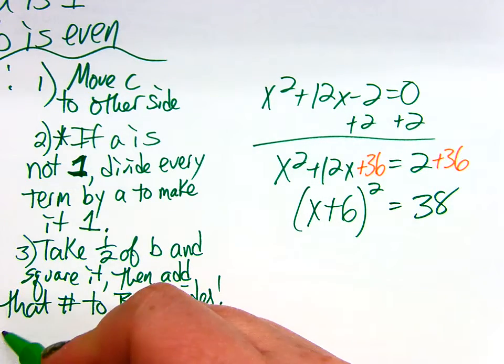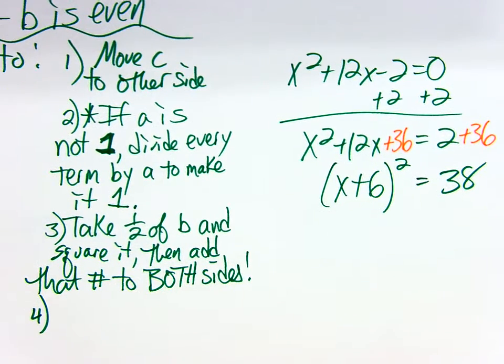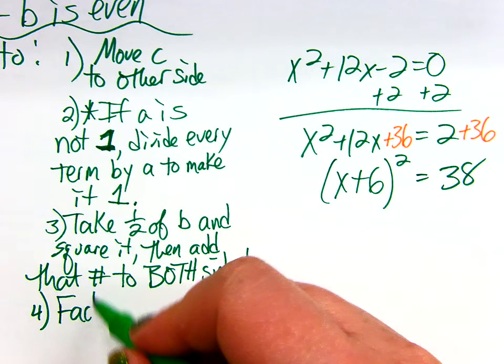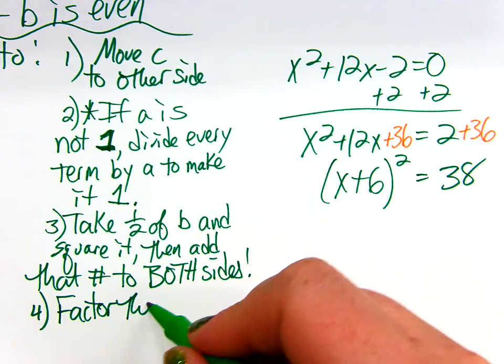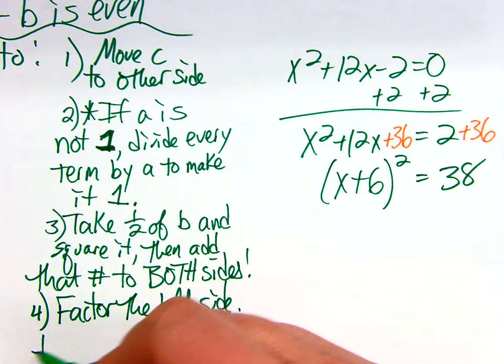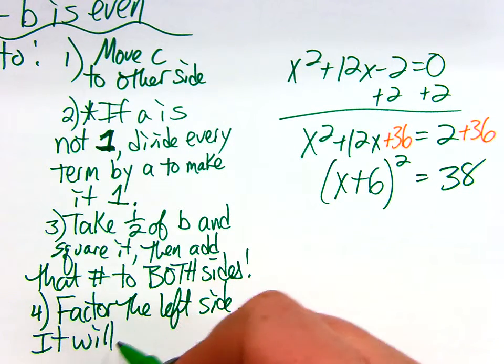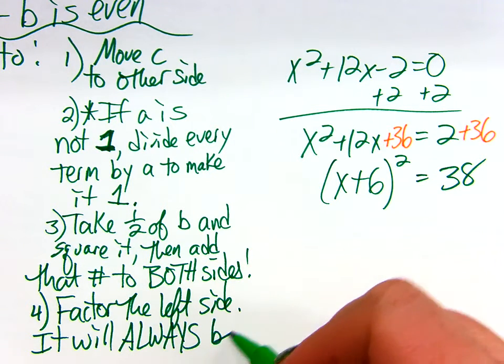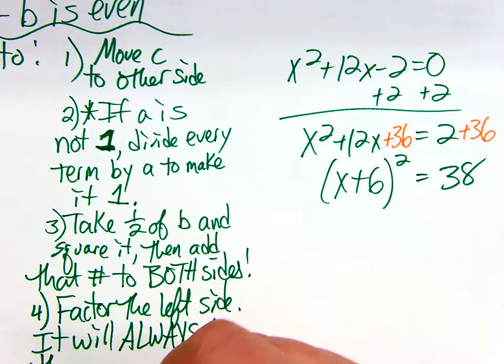Okay, so let's put that in words. So, once you have added 36 to both sides, you're going to factor the left side. It will always be the same two factors.